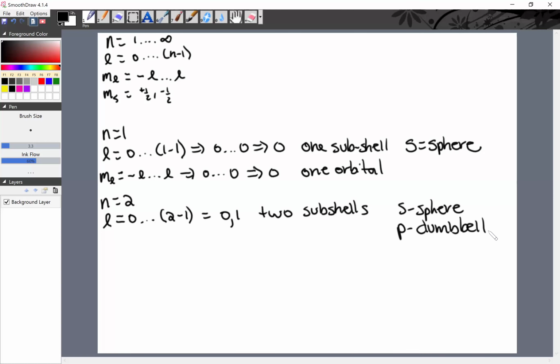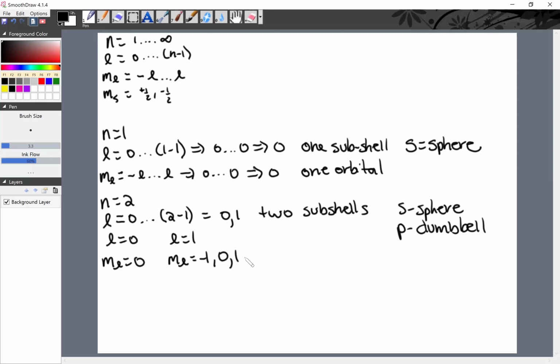Okay, when you do M sub L, you have to talk about them individually. So if L is equal to 0, M sub L, well, we already saw that. It's 0 because there's only one. It's a sphere. But if L is 1, the M sub L is negative 1, 0, and 1.